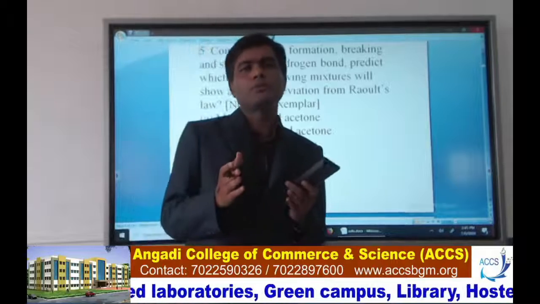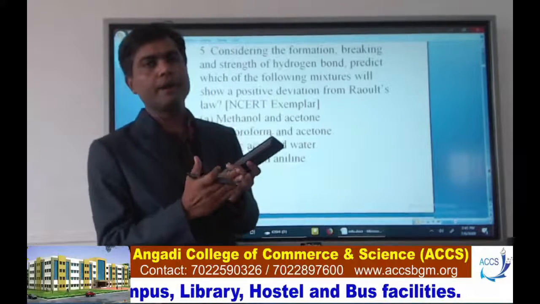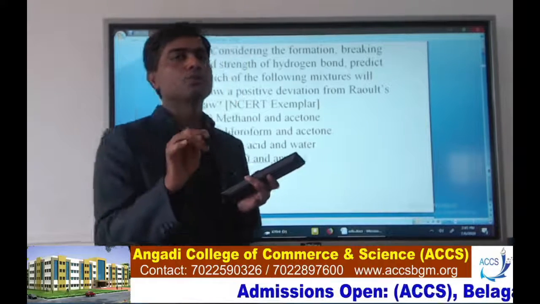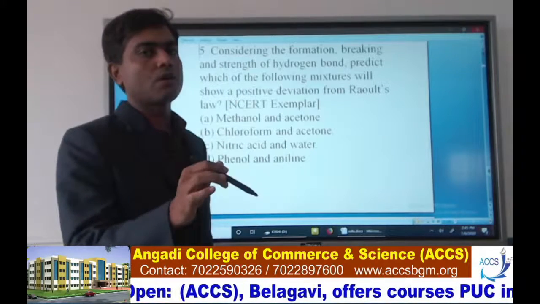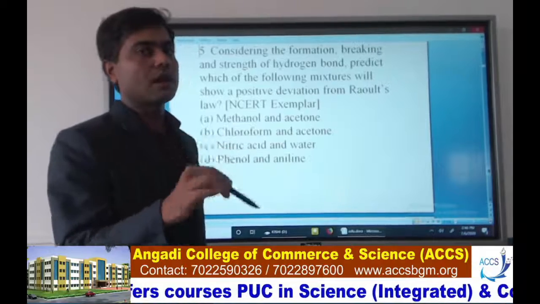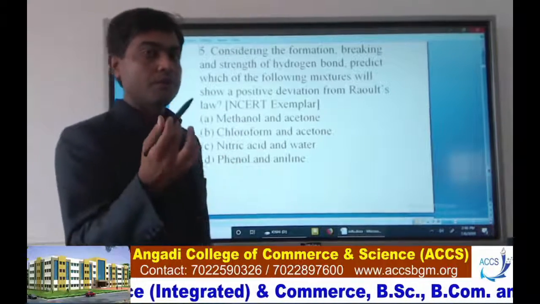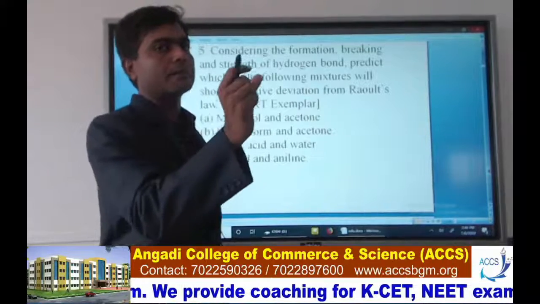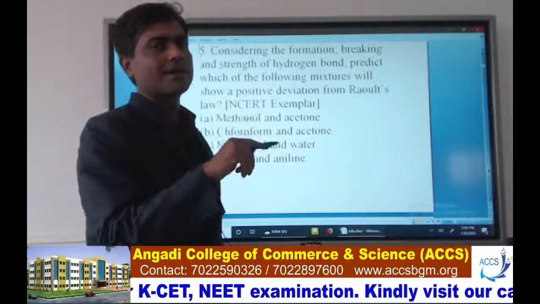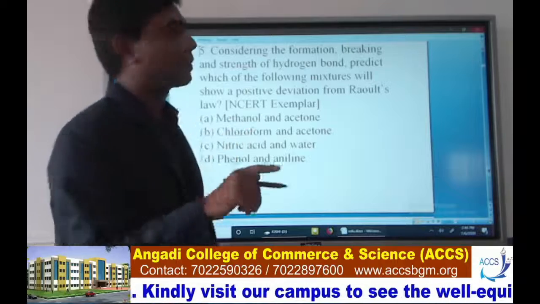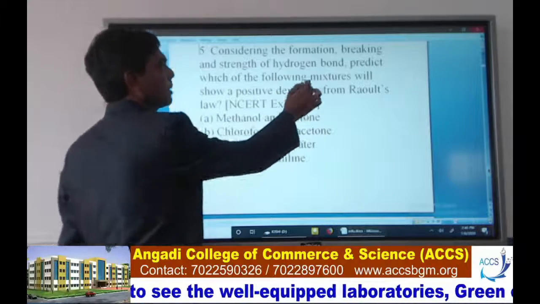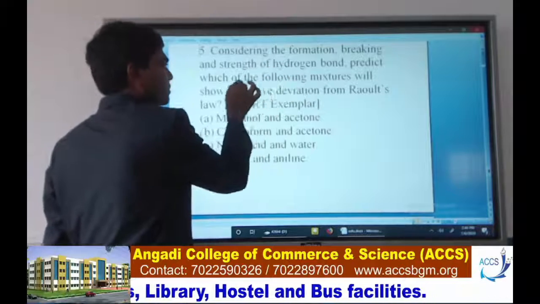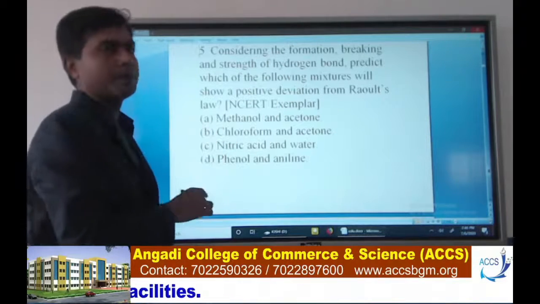See, when you come towards the classification of ideal and non-ideal solution, we define that the solutions which obey Raoult's law at all concentrations are called ideal solutions, and those which do not obey are called non-ideal solutions. And we have some conditions, delta H, delta G and delta V. Related to that, he is asking about breaking and strength of the hydrogen bond, which mixtures will show positive deviation.